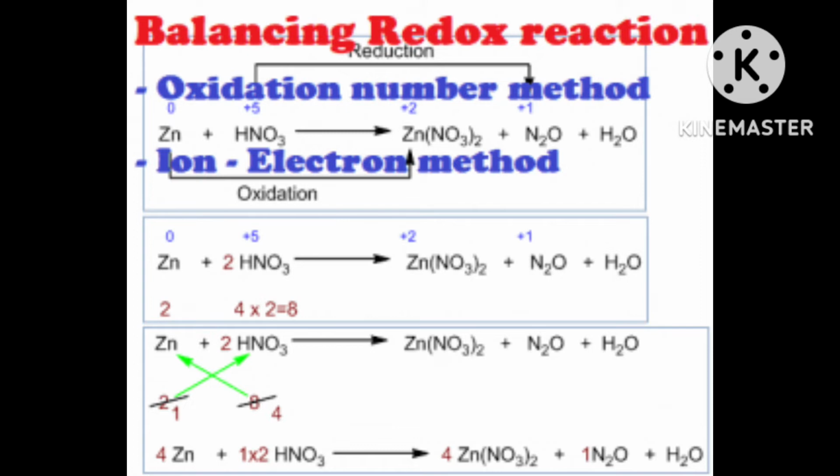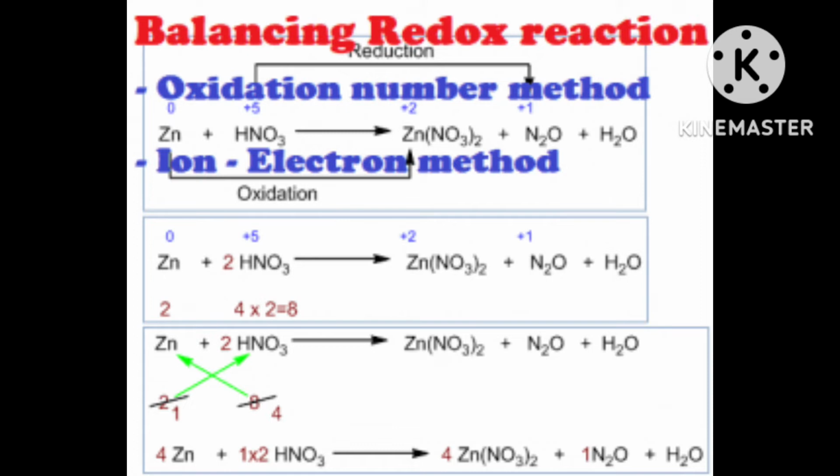Plus 14 minus 2 is 12. Then 2x is equal to 12, so x is equal to +6. This means chromium has oxidation state +6. Now the reduction half reaction you can easily write.